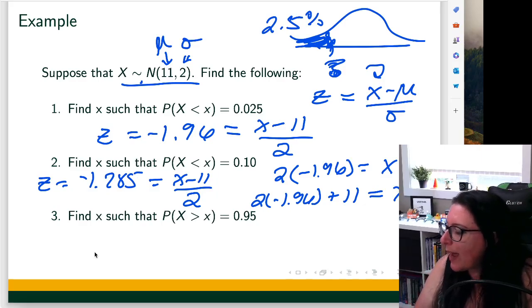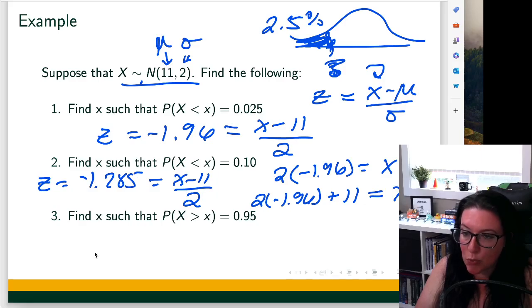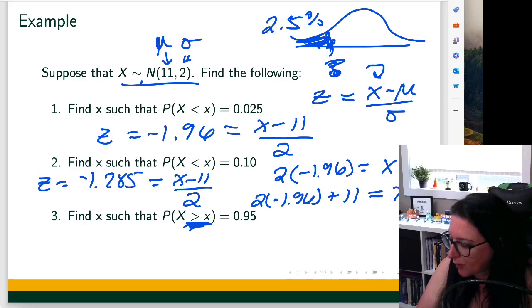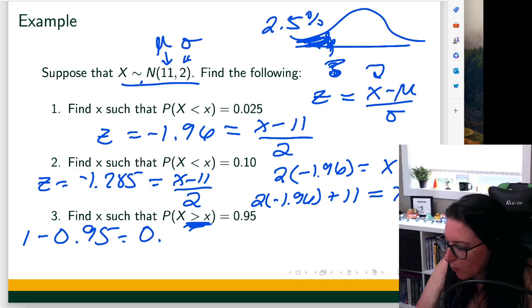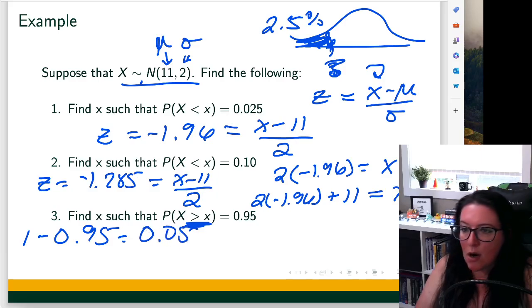What if we want to know x such that the probability that it's greater than is 95%? So if you're going to do it this way, remember that if this is greater, you're going to have to do the switch first. So 1 minus 0.95 is 0.05. Our table and Excel give us less than. So the probability that it's greater than is 0.95. The probability it's less than is 0.05.